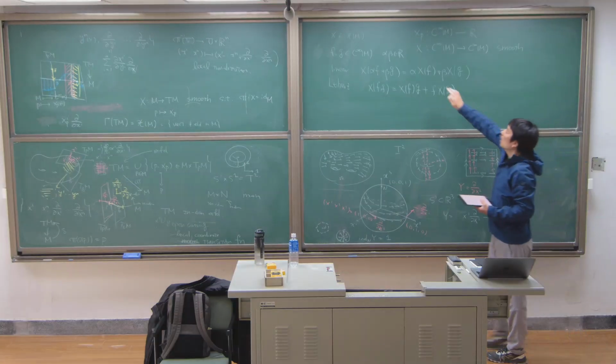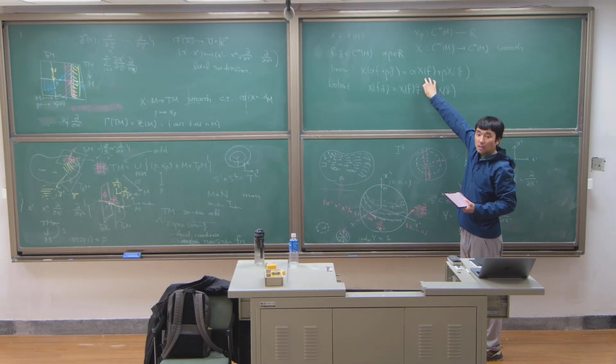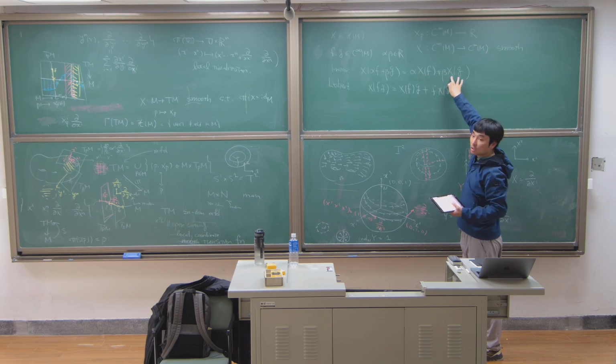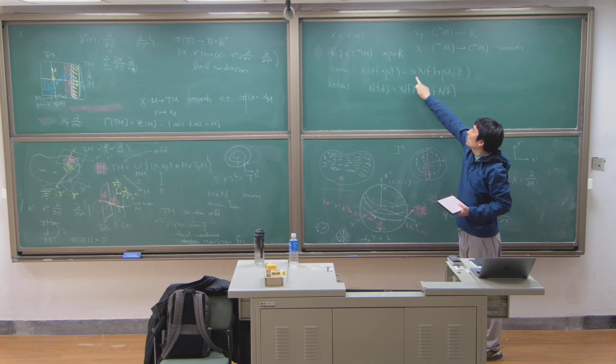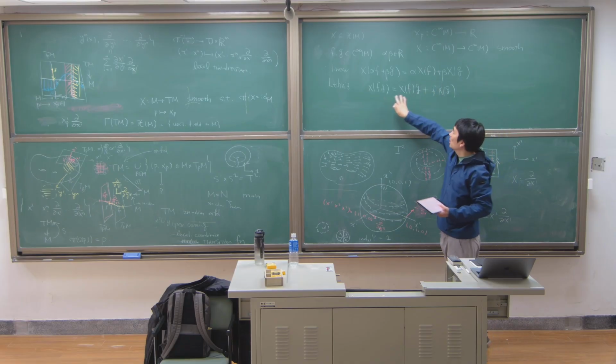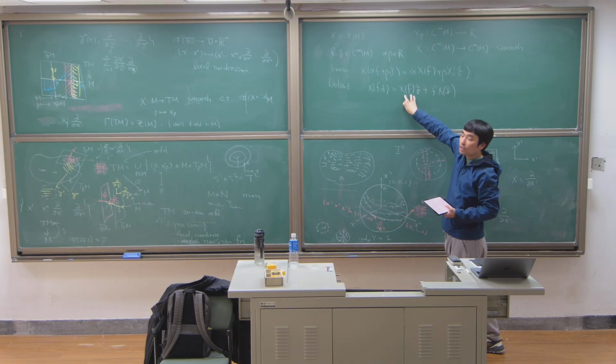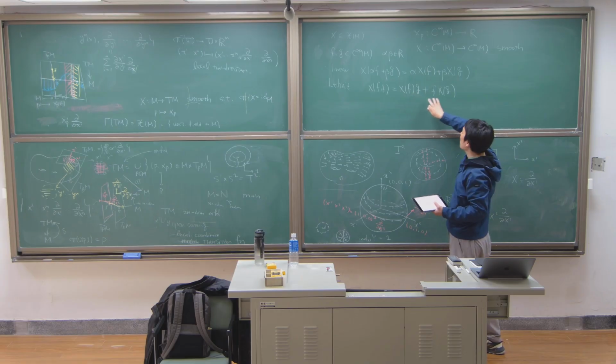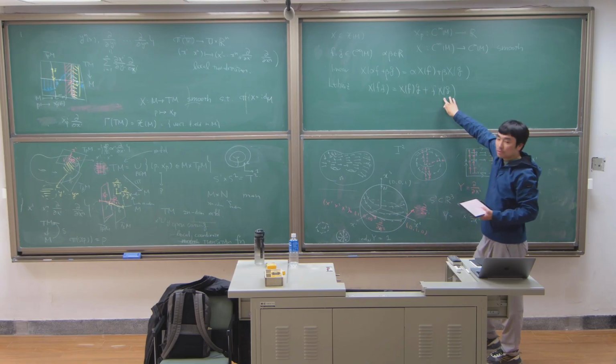Okay. So X of f is a function. X of g is also a function over M. And even if you just add them up, you still have a function over M. That's what we mean. Here, X of f is a function, a function times g is also a function, a function times X of g is a function.